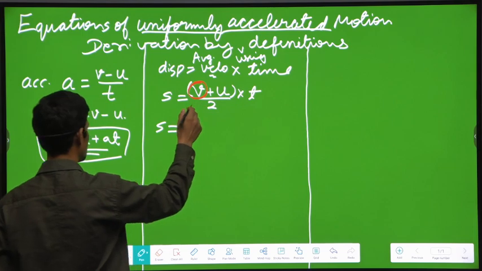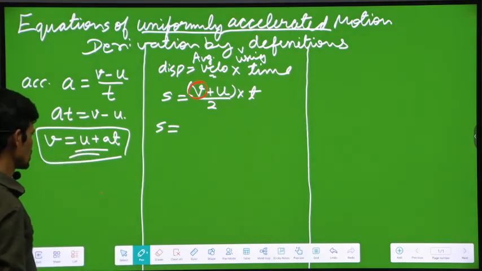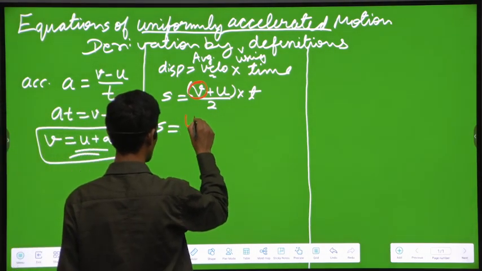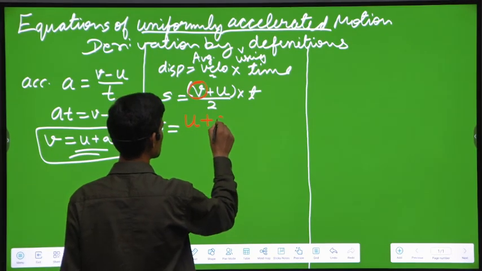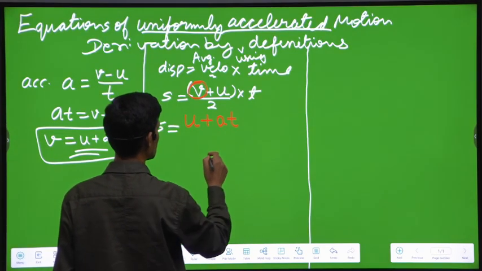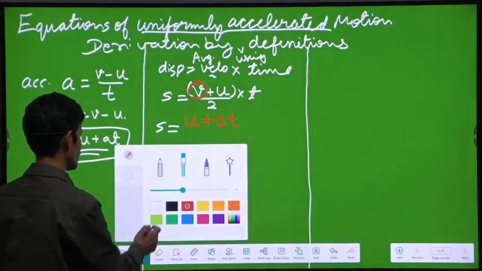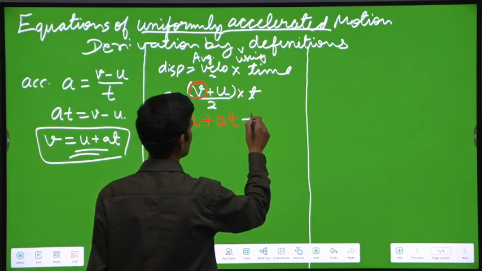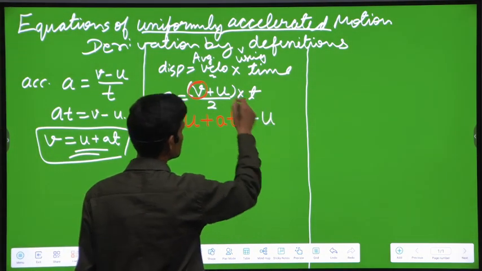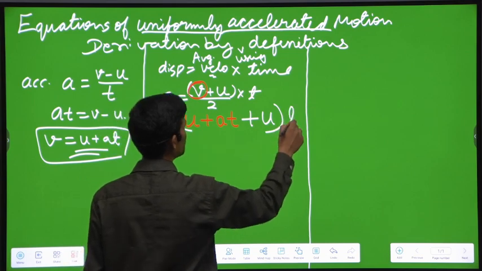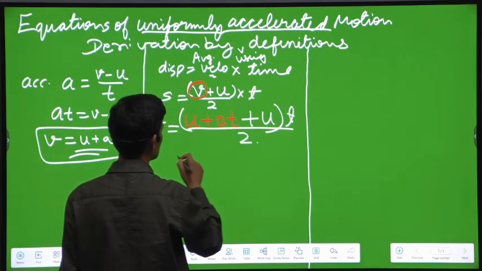We are putting its value by using the first equation of motion, u plus at, plus u, this u, multiplied by t divided by 2.